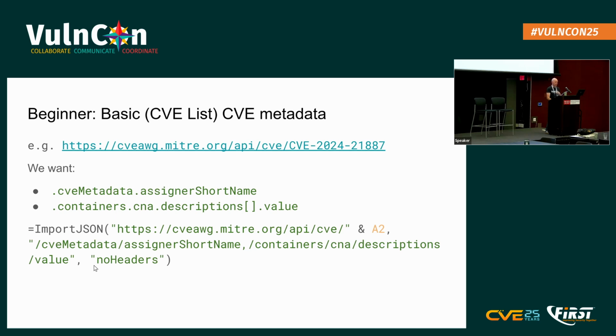So this is the function that you shove in the cell, assuming that you've got your CVE ID of interest in A2 in this case, and you give it the paths to the fields that you're interested in. And I always use the no headers one because otherwise it puts an extra header in there, which mucks up the whole idea of having one row per vulnerability.